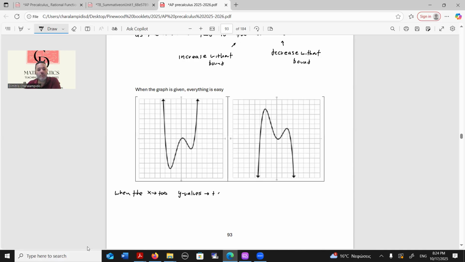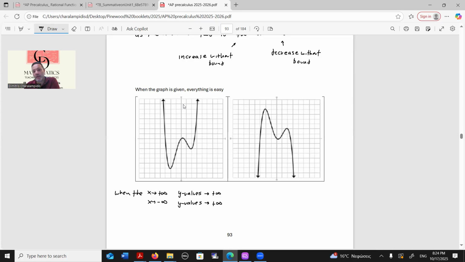They go to plus infinity. While when the x values go to minus infinity, the y values also increase without bound. So again, they go to plus infinity. So we can see that this is an option. Both ends can be heading to plus infinity because both ends can be moving upwards.